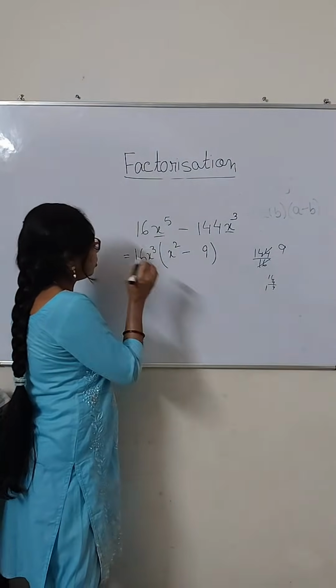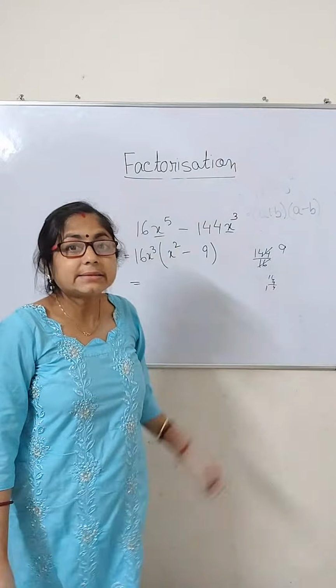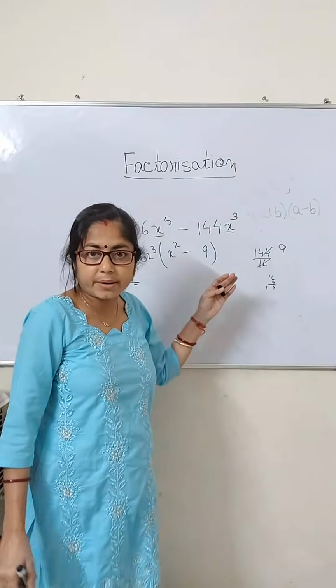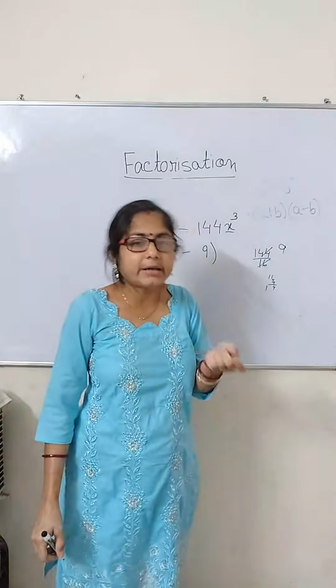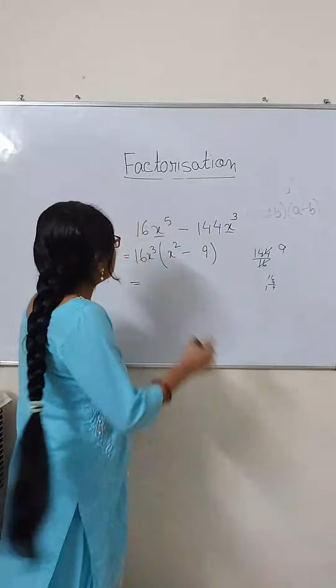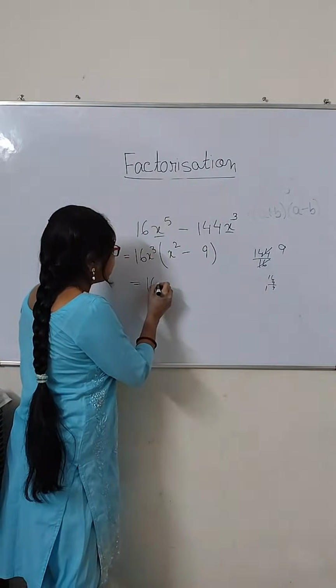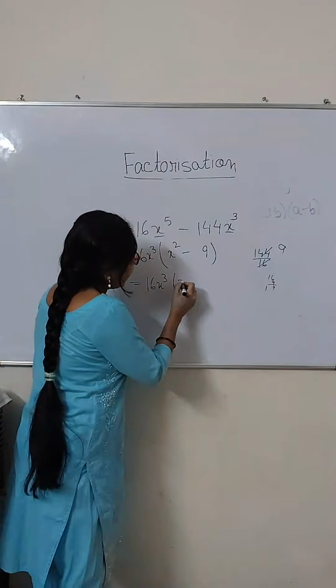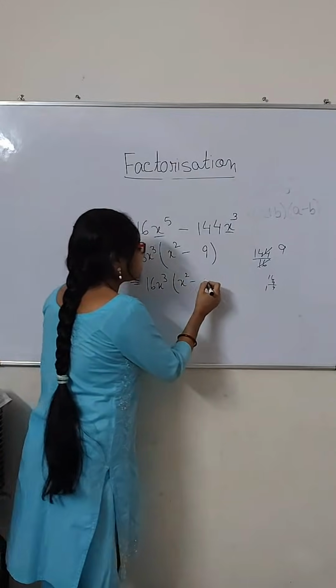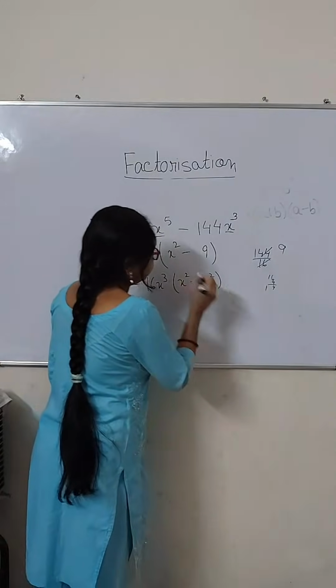Now, question is, is it a square format? No. Now I change the 9 in the square format. So how can I write? 16x cube, okay, and then x square minus 3 square, okay.